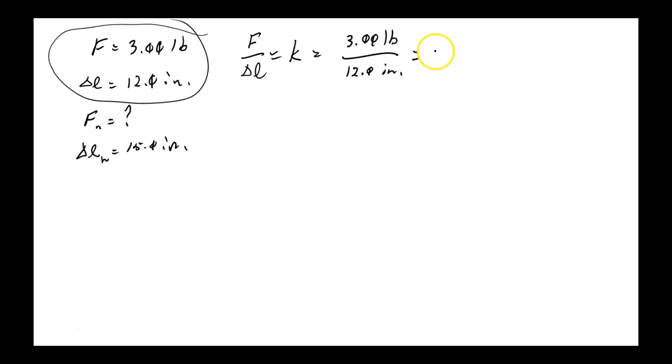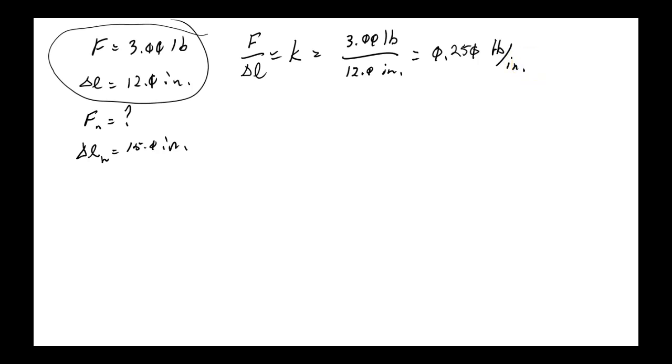Anybody? Isn't 3 over 12 the same as 1 over 4? And what is 1 over 4 in decimals? A quarter of a dollar is 0.25. So we need 3 significant digits, so 0.250 pounds per inch.